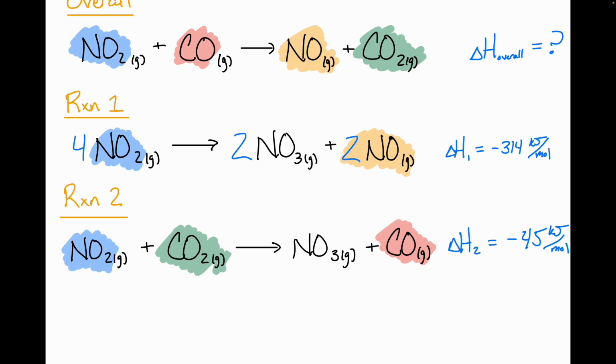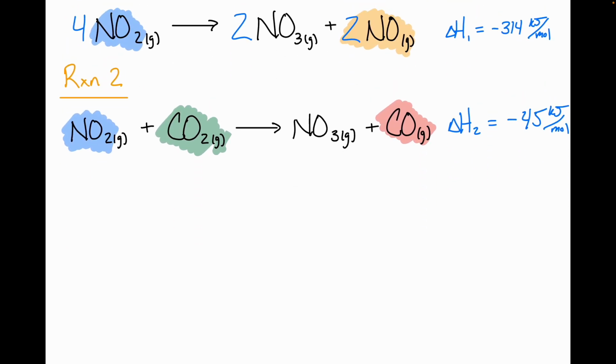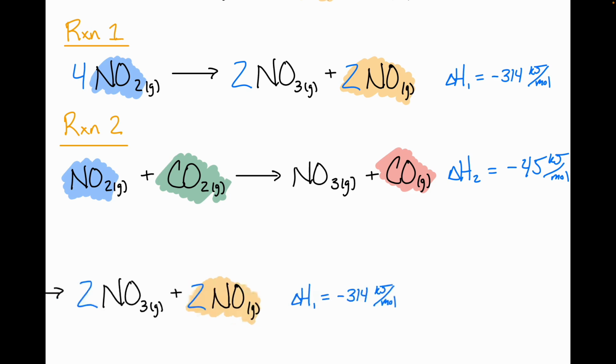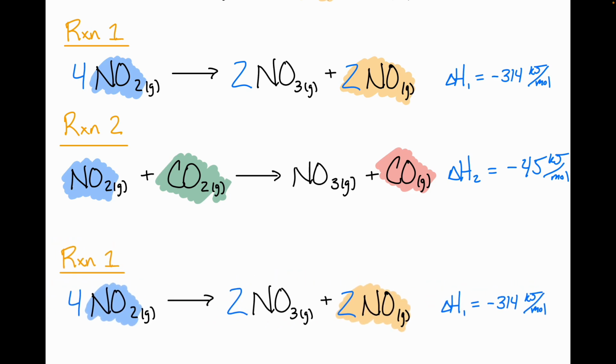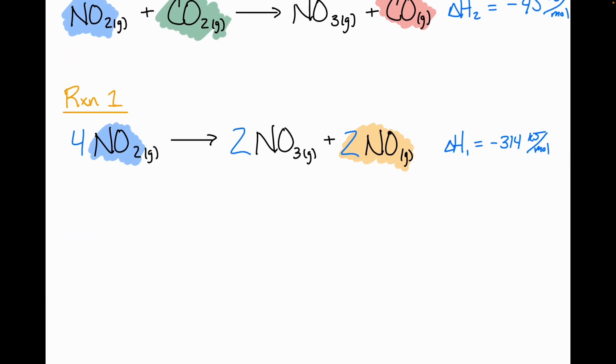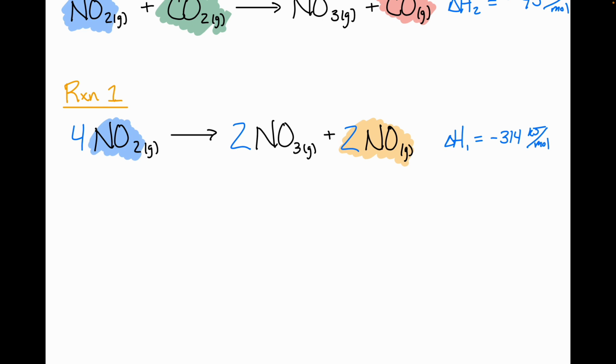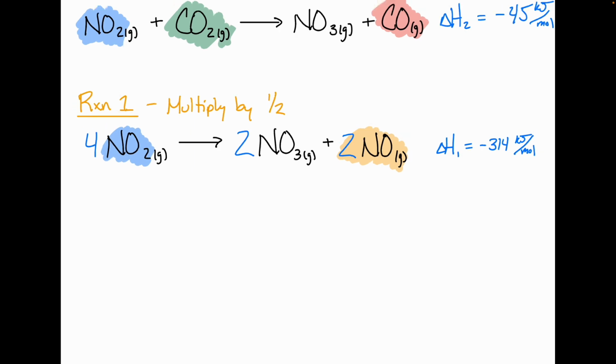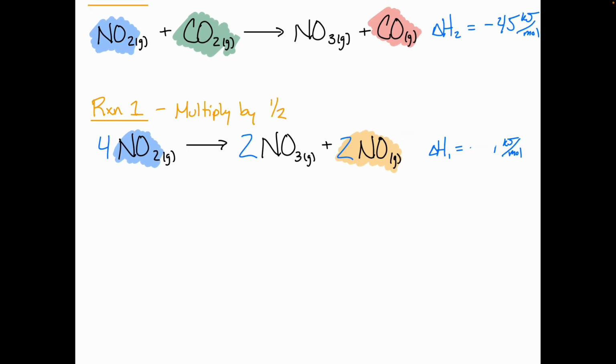Okay, we're going to take this reaction and multiply it by some constant value. If we take reaction 1, we're going to multiply this thing by 1/2. And by that I mean we're going to take the entire chemical equation and multiply it by 1/2.